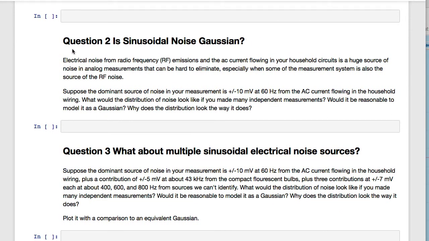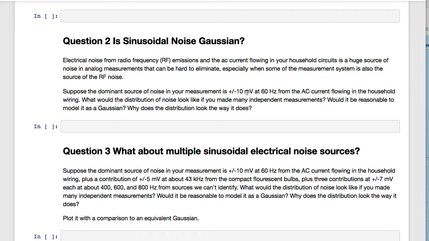It's asking, is sinusoidal noise Gaussian? Electrical noise from radio frequency emissions and the AC current flowing in your household circuits is a huge source of noise. No surprise there. Suppose the dominant source of noise in one of your measurements is a small voltage around plus or minus 10 millivolts from the 60 hertz AC current flowing in the wiring.